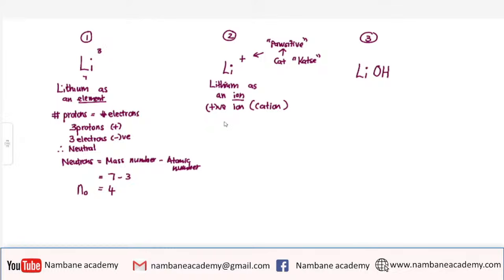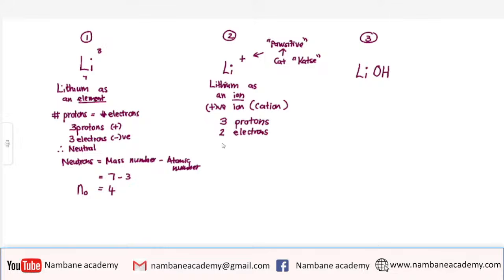Most teachers are teaching this topic using that. So now what we are saying is that lithium will always have 3 protons, always, no matter if it's an ion, in a compound, or if it's an element. But because it has one more positive here, plus, it means that it only has 2 electrons.